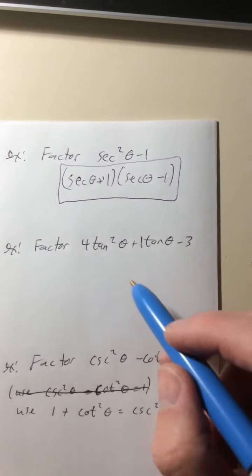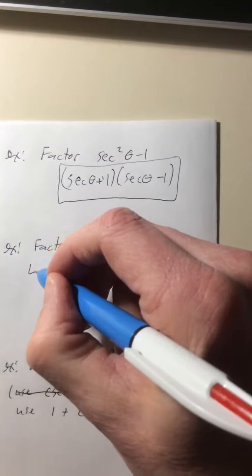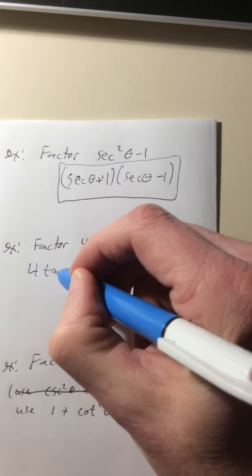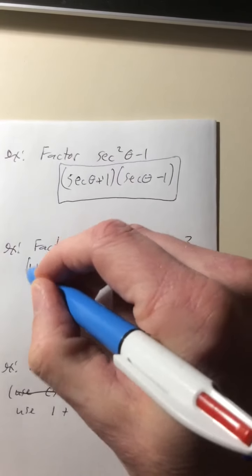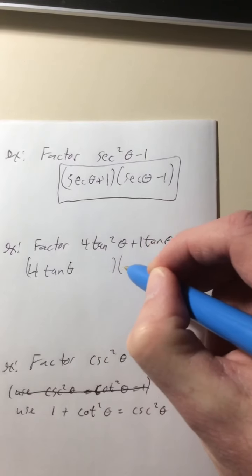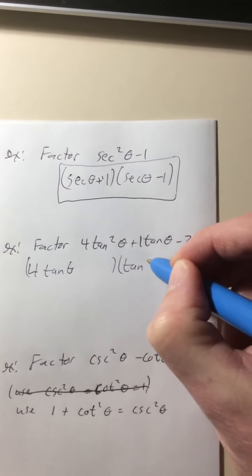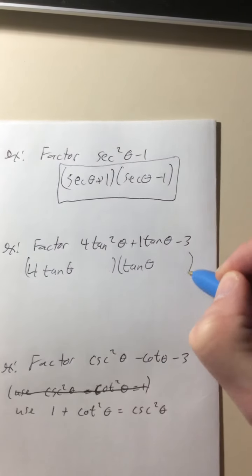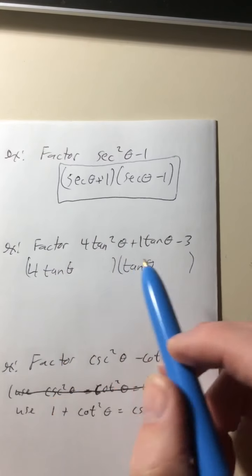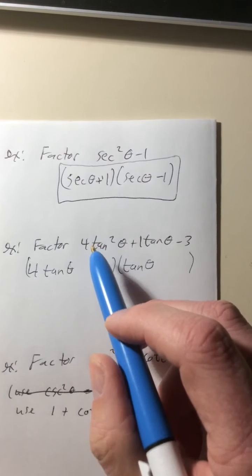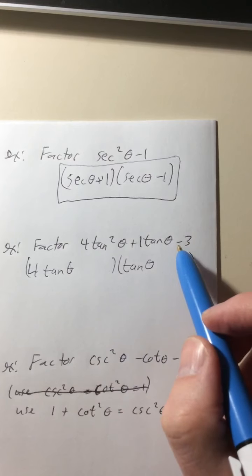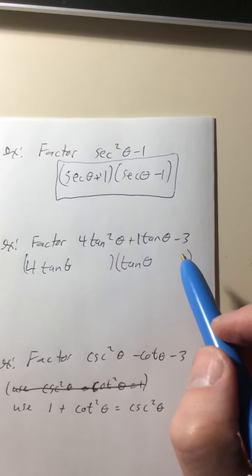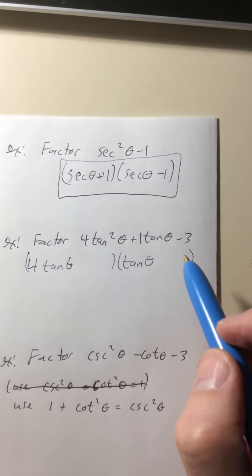Okay, so here's what I think is going to happen. So I have 4 tangent theta times tangent theta. Yeah, that's going to work. Because I know that 4 tangent theta times tangent theta makes 4 tangent squared theta. And then I need 2 numbers that multiply to make negative 3. And that's going to obviously be positive 1 and negative 3, or vice versa.